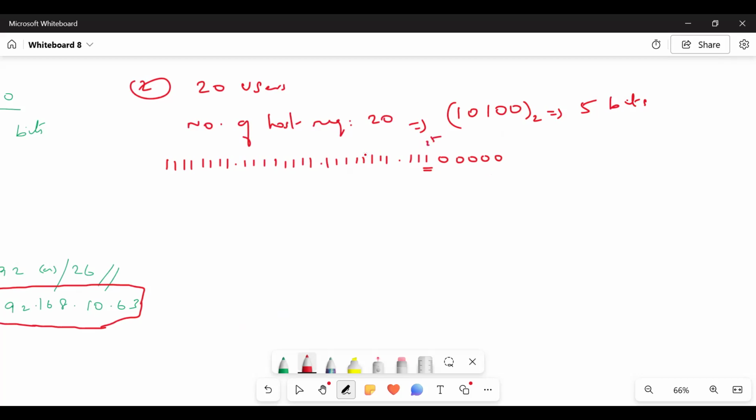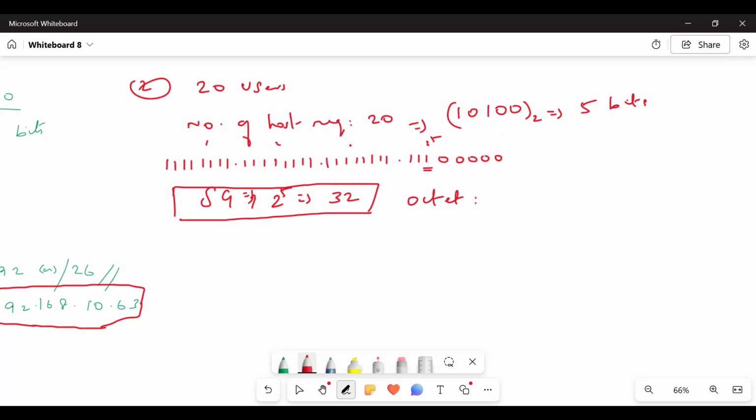So the subnet generator is 2 power 5, and the value is 32. Next, we need to find the octet position, the position where we get the subnet generator. This is first, 1, 2, 3, and this one is fourth. So the fourth octet.